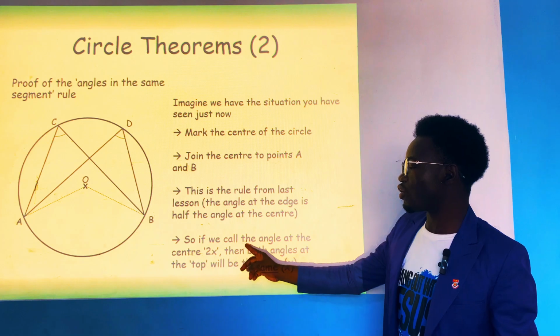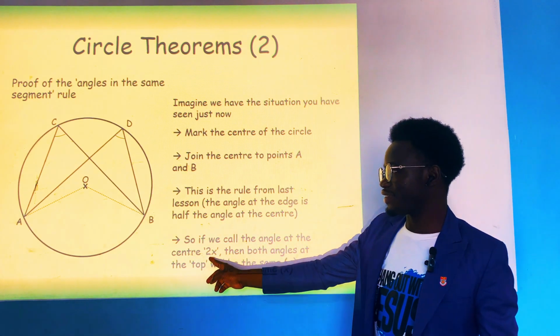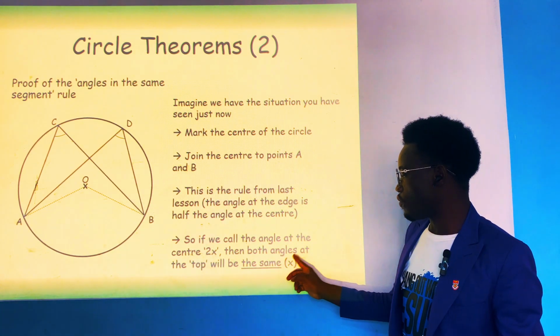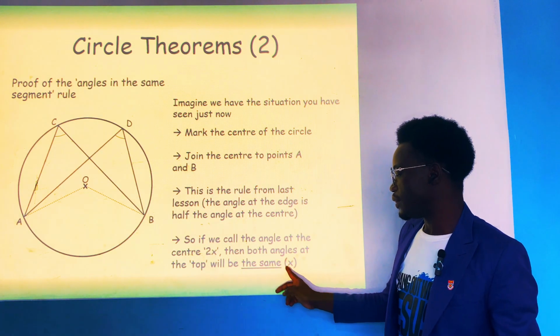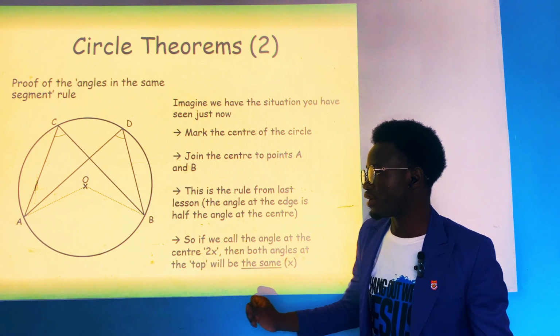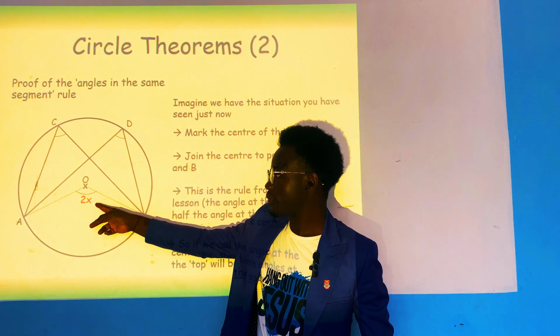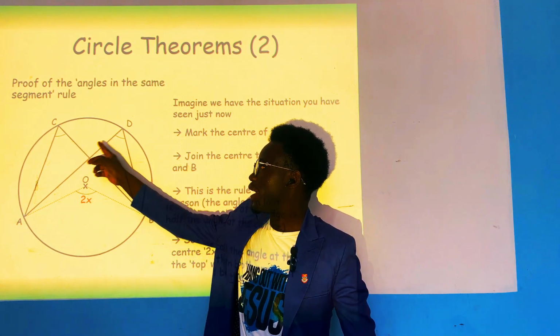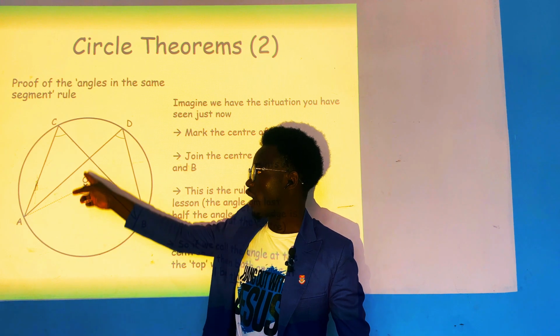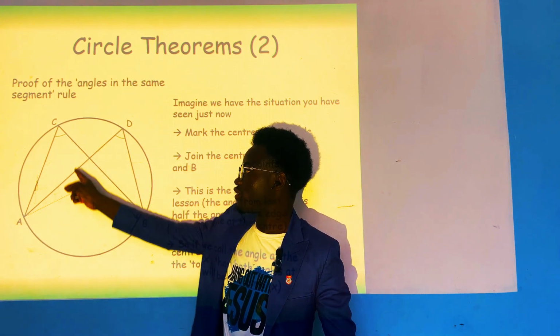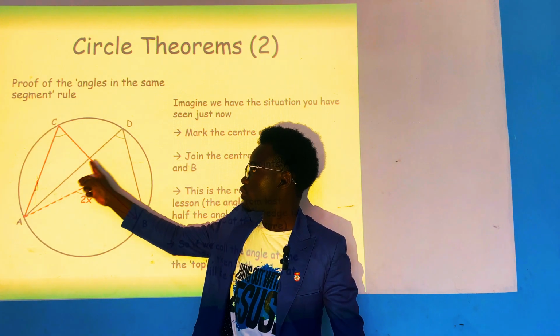So if we call the angle at the center 2x, then both angles at the top will be the same, that is x. If I label here as 2x, then here will be x, because this is twice the angles at the top. Here is 2x, here will be what? x, right?